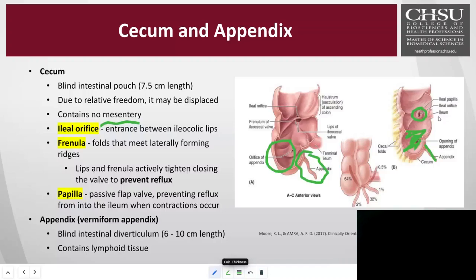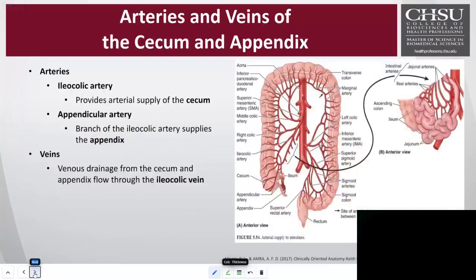Feces. Okay, at this point, maybe a little bit of water retention, a little bit of minerals coming out, but whatever is going through your colon is going to become waste. And so you want to make sure it's going one way. And then the appendix is a blind pouch, about 6 to 10 centimeters in length. It does contain some lymphatic tissue, a vestigial structure that is believed to be at one point functional and then it regressed.